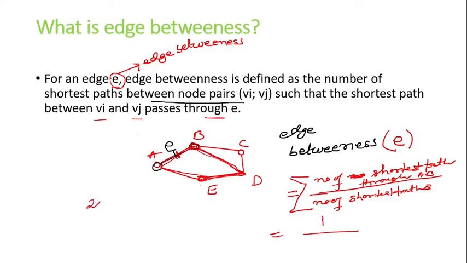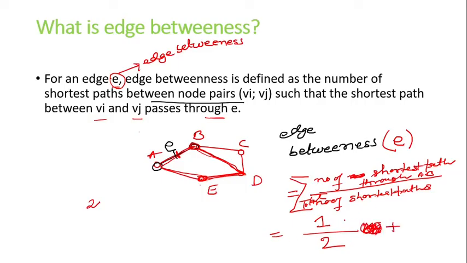So here it will be 1, meaning the number of shortest paths through AB is 1, and the denominator is the number of shortest paths including as well as not including it, which is the total number of shortest paths, which is 2. So 1 by 2 is the edge betweenness. Like that you have to find it for all the vertices.